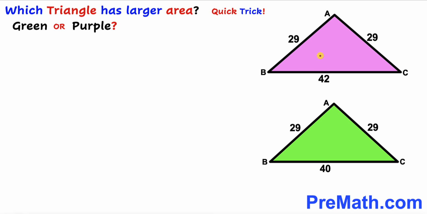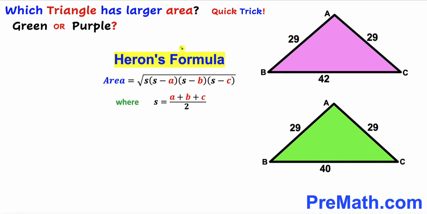Since we are interested in calculating the area of both of these triangles, and all the side lengths are known for this triangle and for this triangle as well, let's recall Heron's formula to calculate the area of the given triangle.